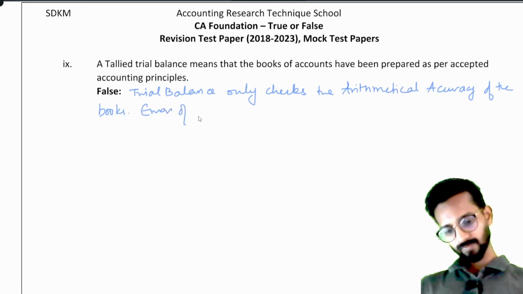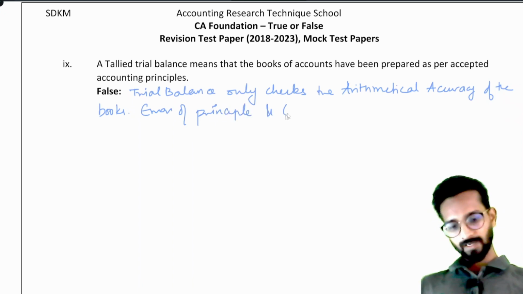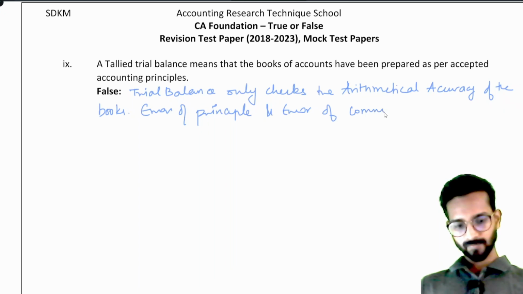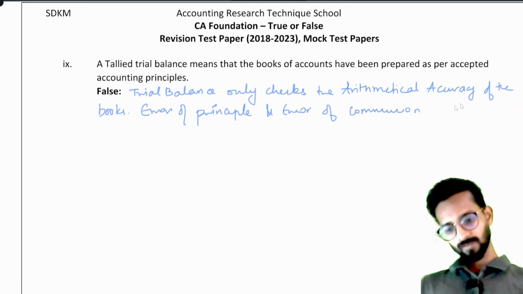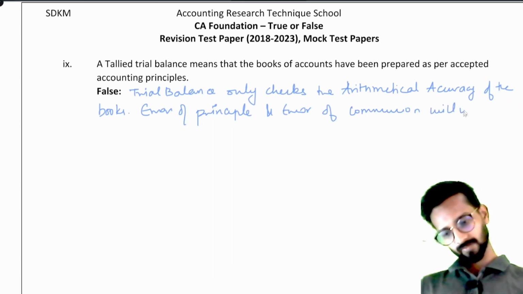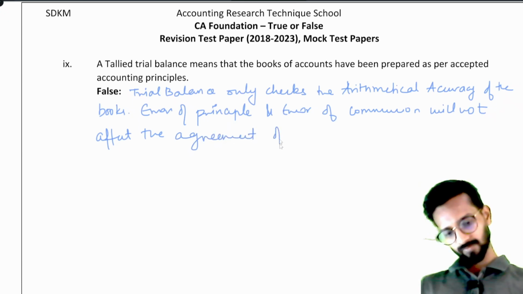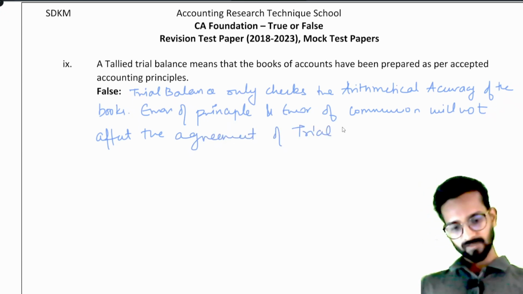Error of principal and error of commission will not affect the agreement of trial balance.